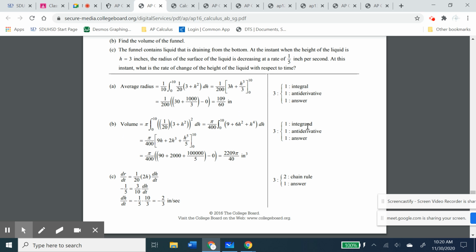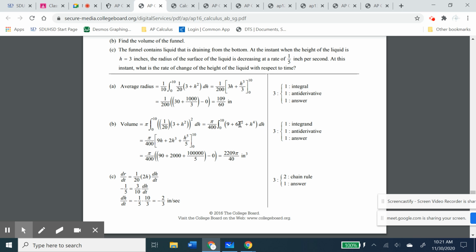Okay, for part B with volume, only 1 point for the entire integrand. The integrand would be referring to everything here, including the pi, but not the 0 to 10. Because basically if you got 0 to 10 wrong, you got it wrong in part A. If you use the same h values in part B, then it's considered correct from there.